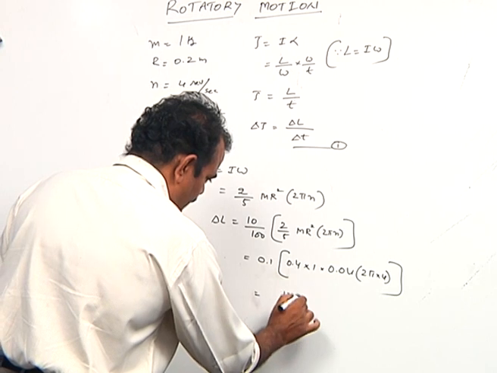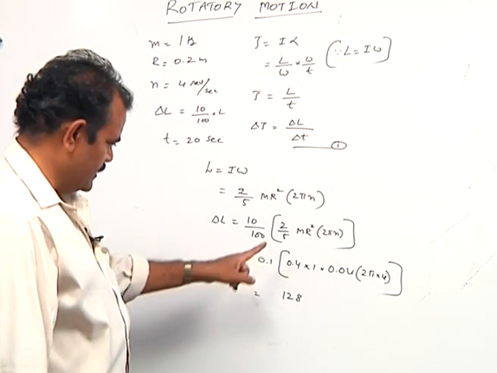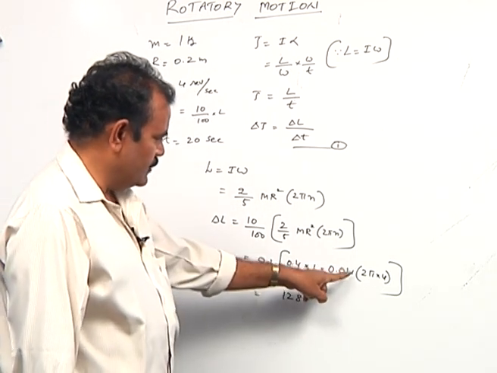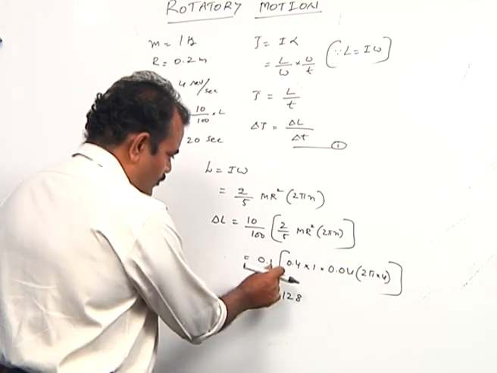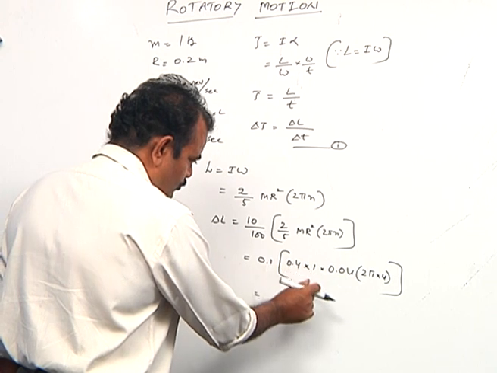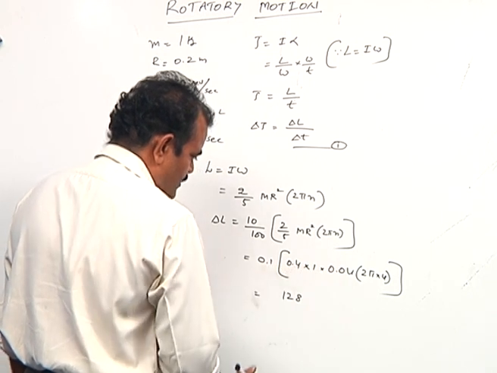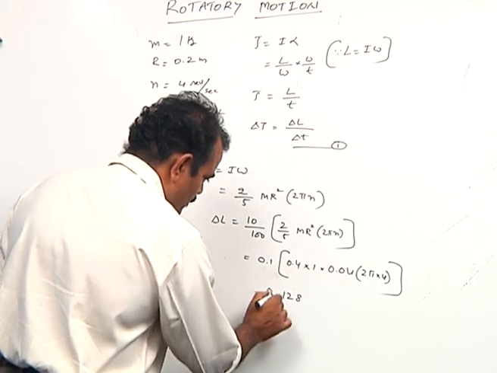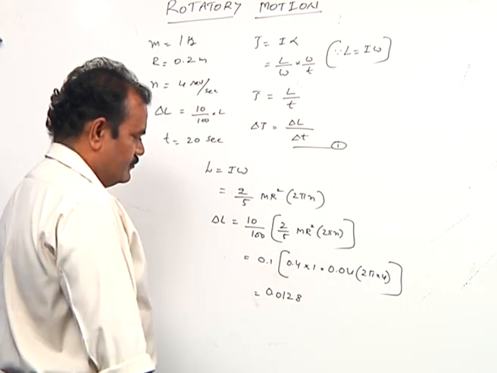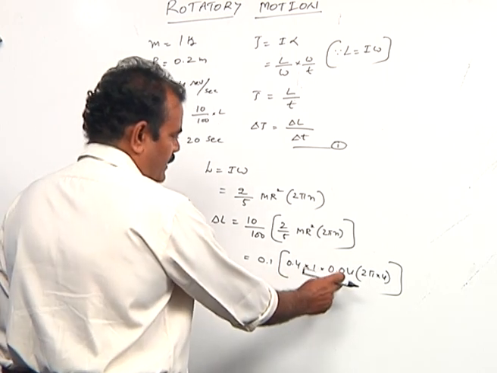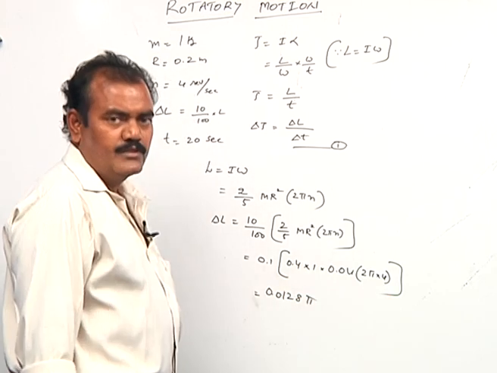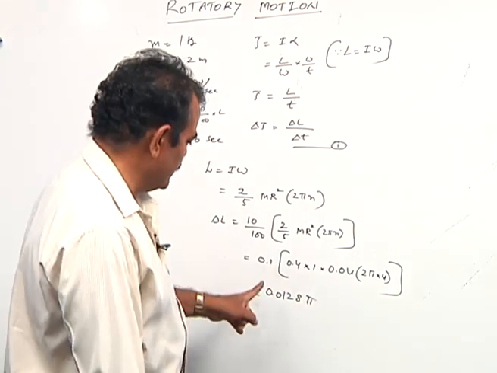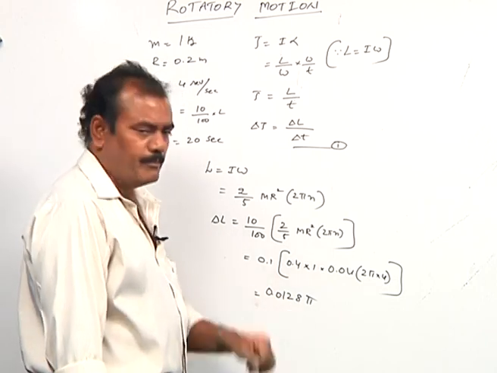Now placing the decimal point, it is 0.0128, and the pi is also there. So this is the value of delta L. Delta L is equal to 0.0128 pi.